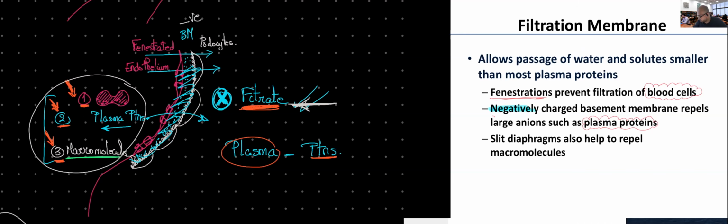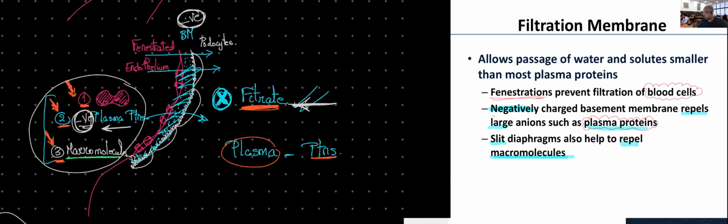So the same exact concept on here. Negatively charged plasma proteins and negatively charged basement membrane, so I have repulsion between both of them. The negatively charged basement membrane is going to be repelling the plasma proteins that have a negative charge on them. The slit diaphragm, or the filtration slits, will repel my macromolecules.